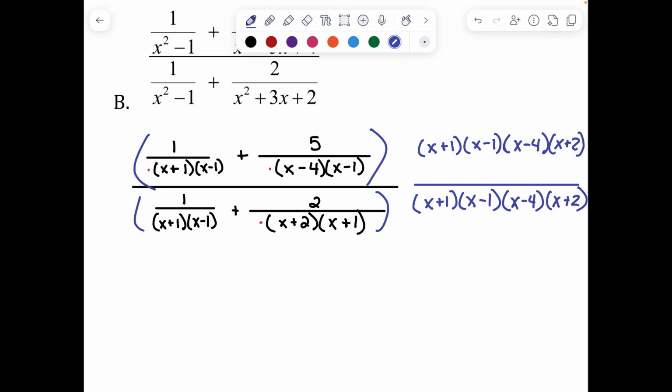So when I multiply 1 over x plus 1 times x minus 1 times my LCD here, the x plus 1, x minus 1 cancels, leaving me with just x minus 4 times x plus 2 plus 5 times whatever we're going to multiply.